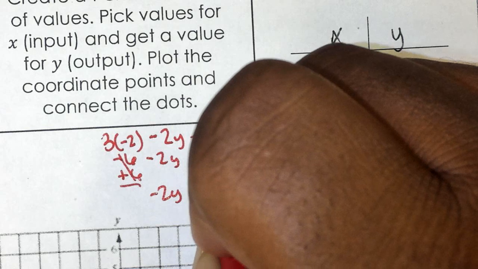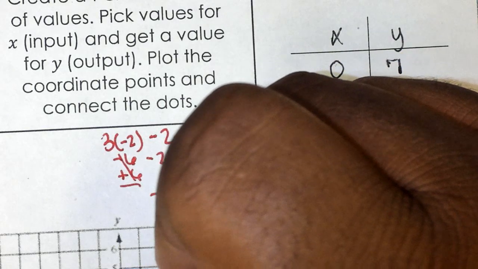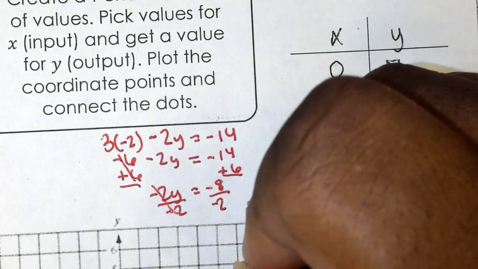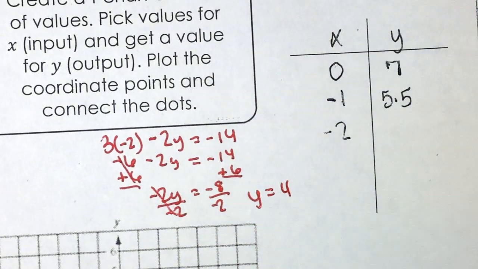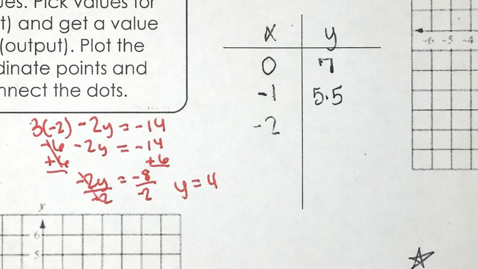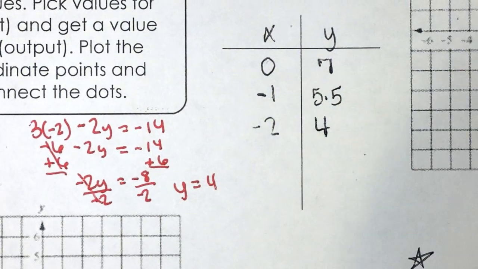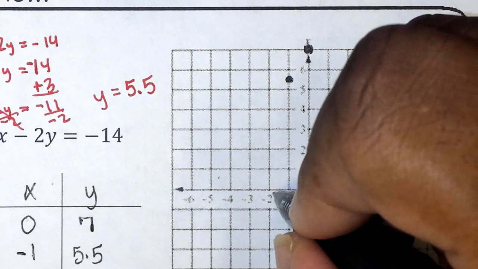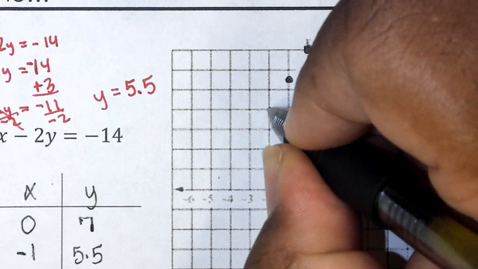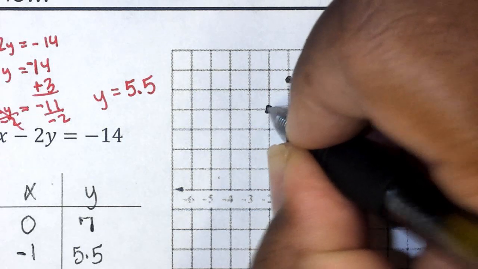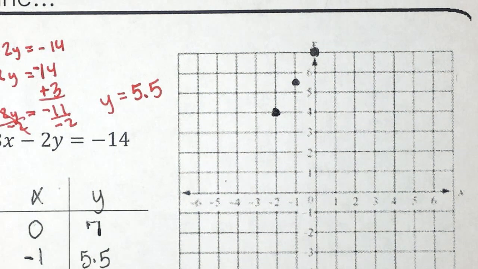Negative 2y equals negative 8. Divide by negative 2, divide by negative 2. Y equals 4. So my last point is negative 2, 4. So on the graph, I'm going to go to negative 2, up 4. That's the last point I need. Now I can graph a line.